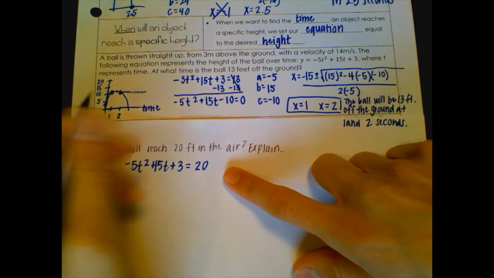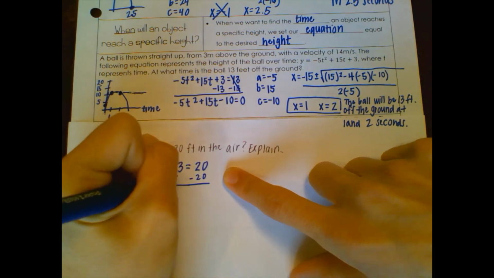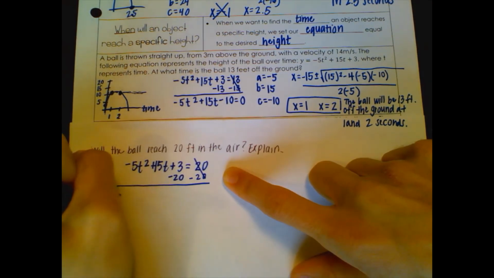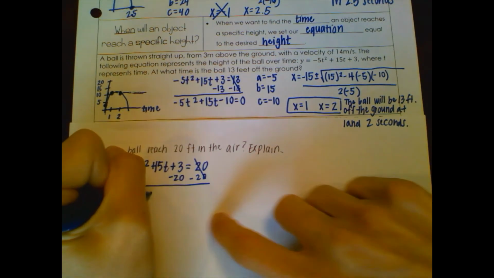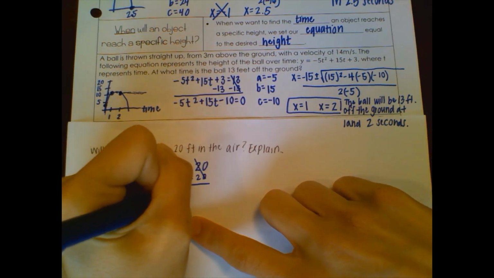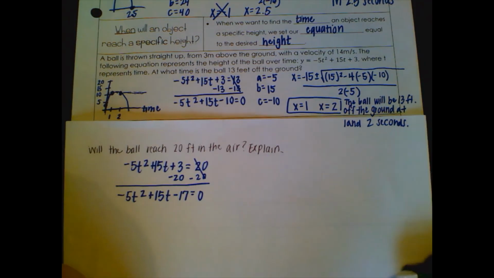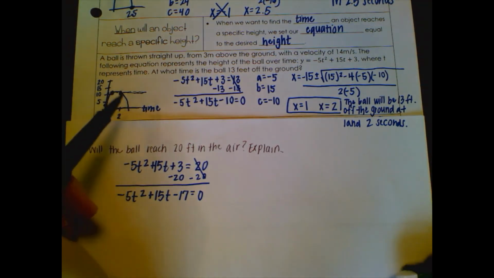So again, I got to get it in standard form, so I'm going to subtract over the 20. So I have -5t squared plus 15t minus 17 equals 0.